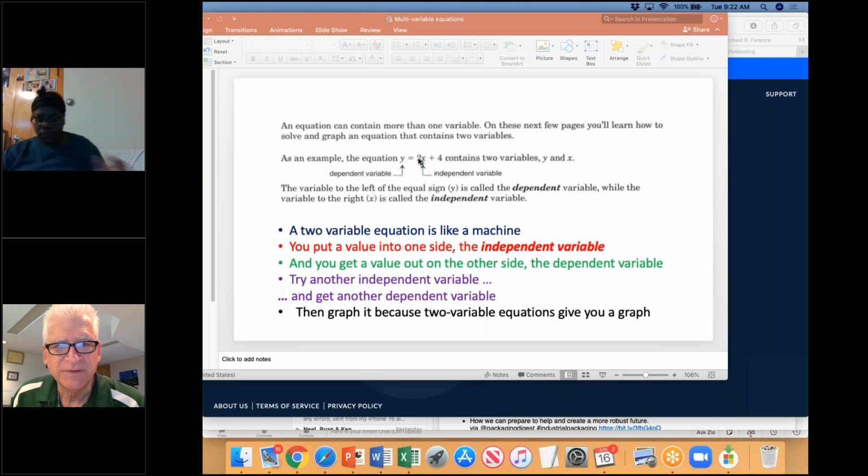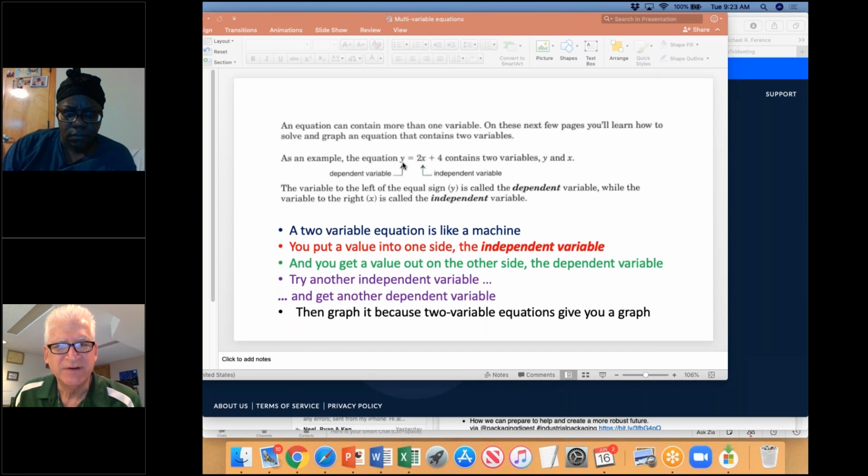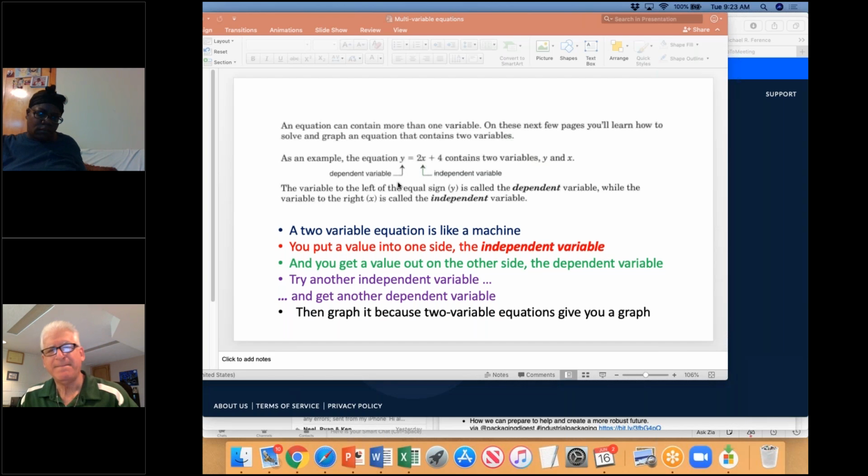And the independent variable is usually on the side that has other functions, like 2 times x plus 4. On the other side of the machine, you get out the dependent variable. And the dependent variable is always shown by itself. It's by itself because when you put in a value for the independent variable and do the calculation, you get out the dependent variable. That'll make a lot more sense when we get into an example here.